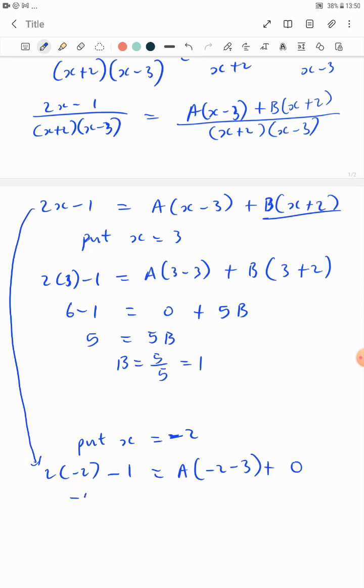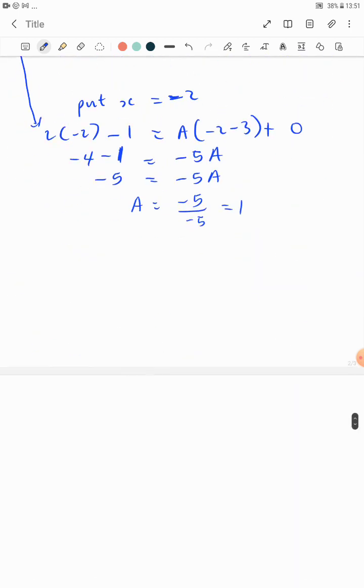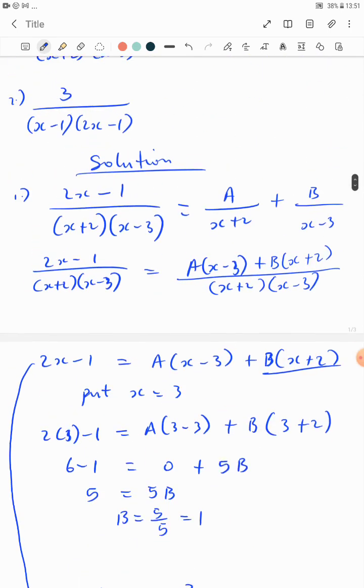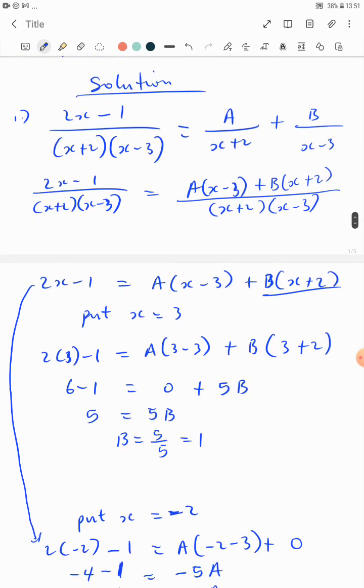So this will become minus 4 minus 1 equals minus 5a, and that will be minus 5 equals minus 5a, and a will equal minus 5 over minus 5, which equals 1. So our a is 1 and our b is also 1. So we can now rewrite our fraction as the sum of partial fractions this way.